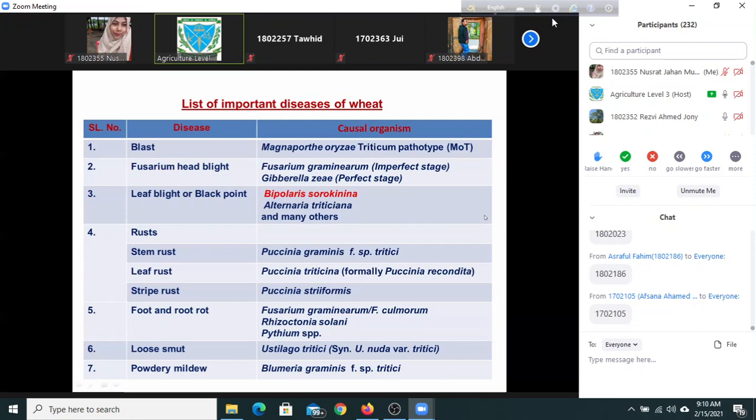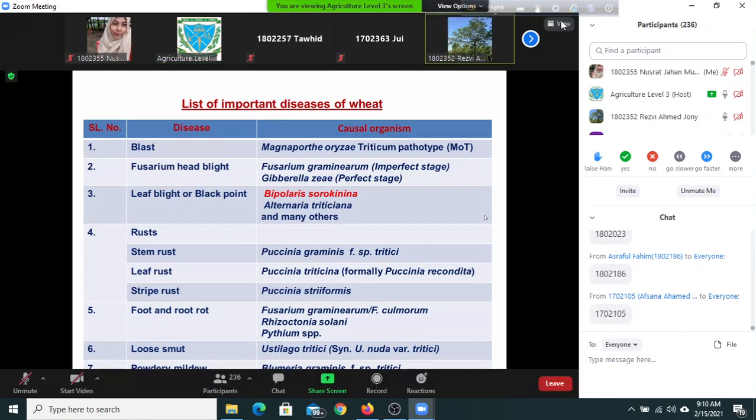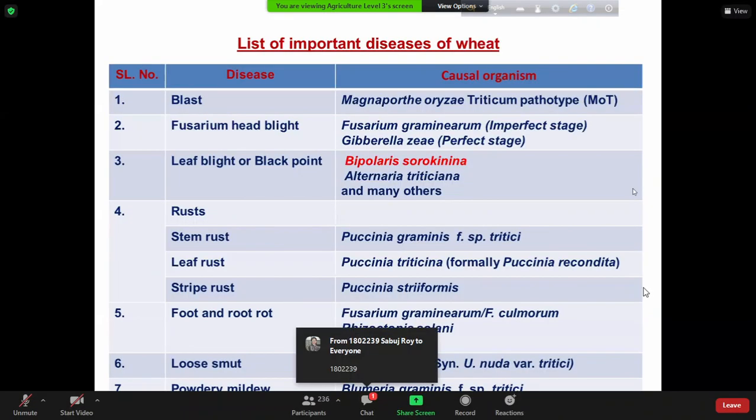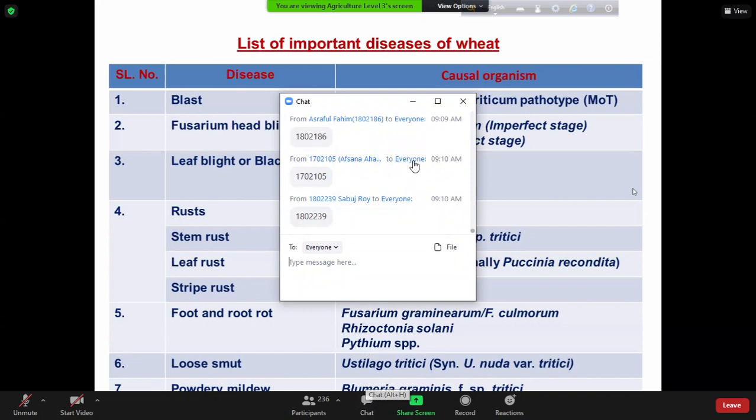There are three types of rust noticed in wheat. One is stem rust, and the symptom noticed on the leaf we call leaf rust, and another type of symptom we call stripe rust.